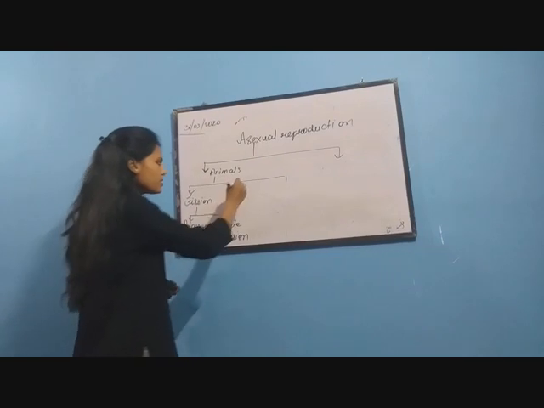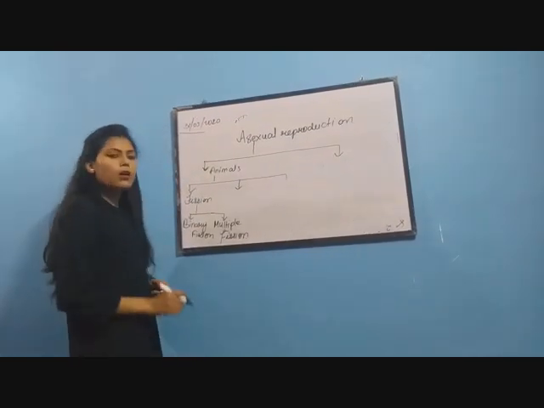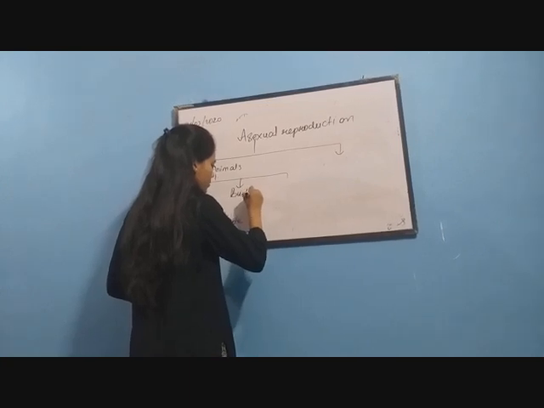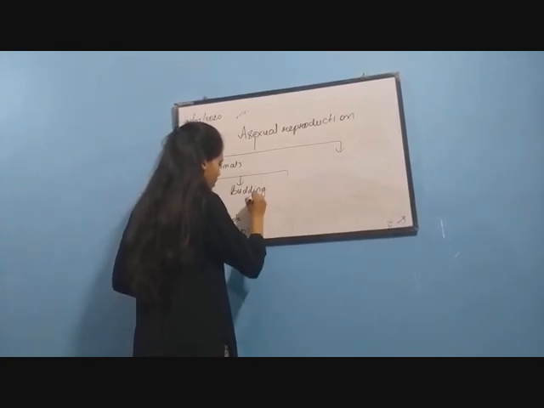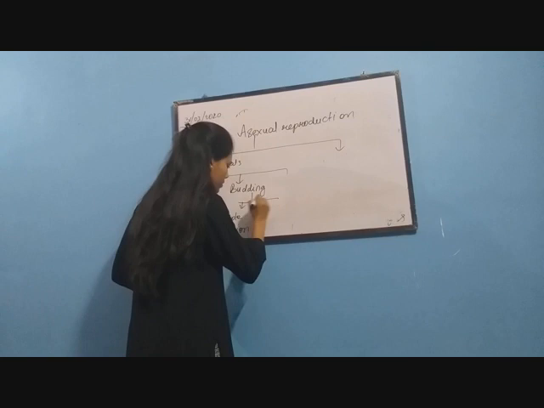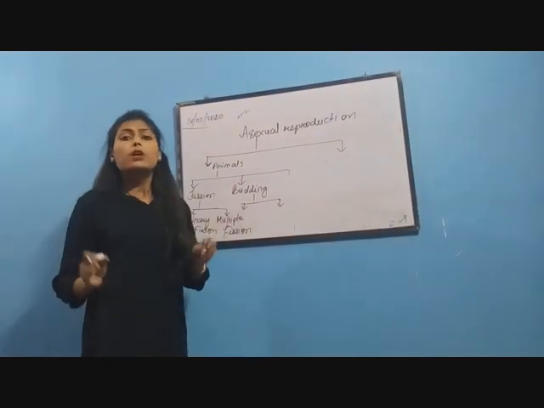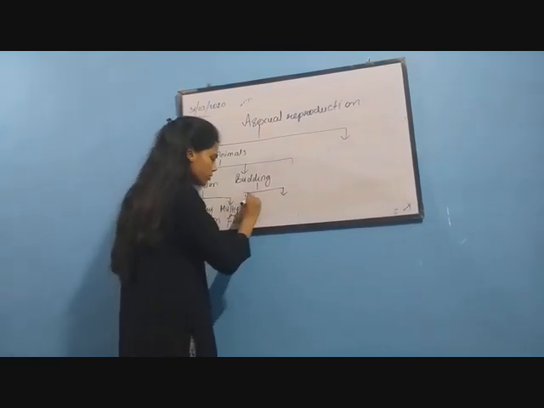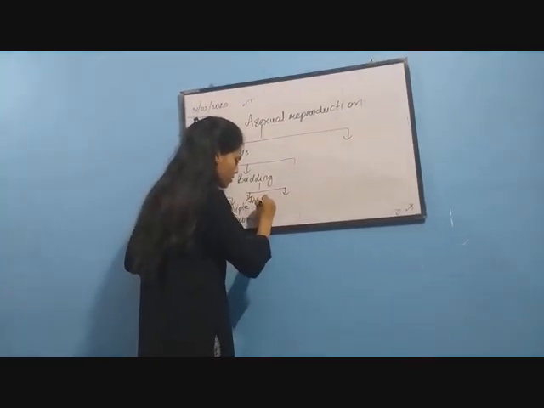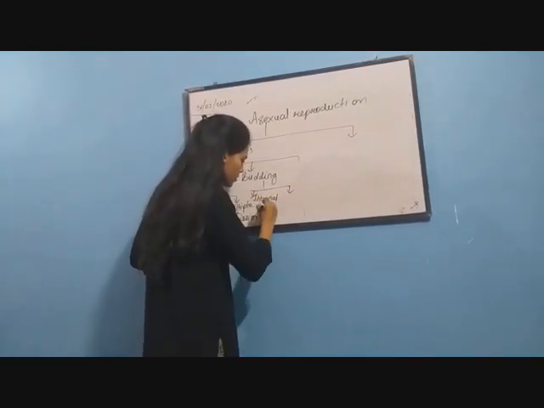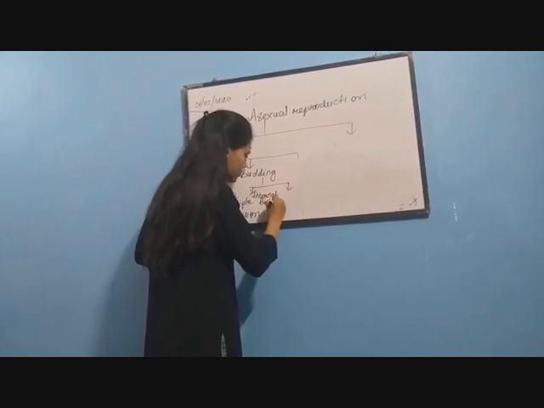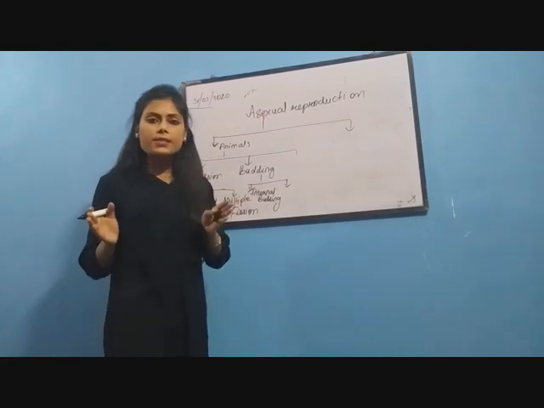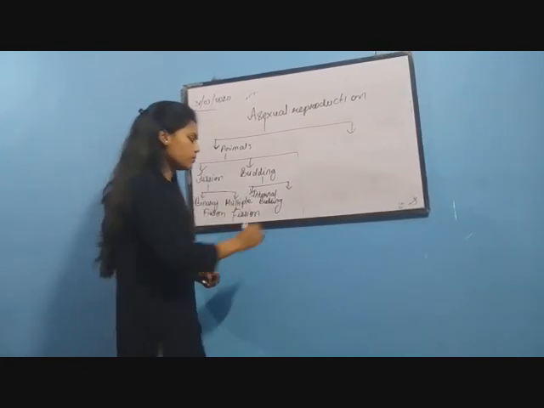Next process is budding. Budding is also divided into two types, that is internal budding and the second one is external budding.